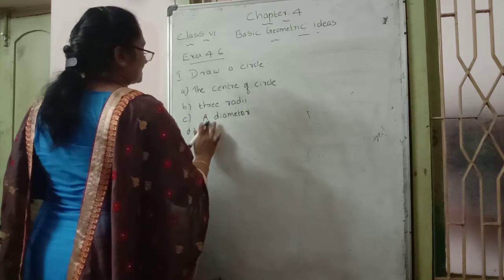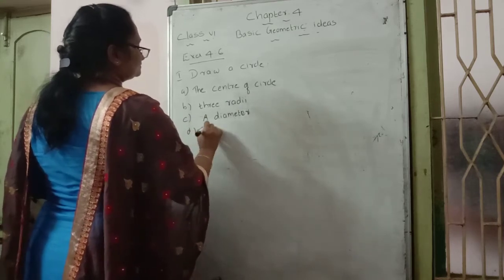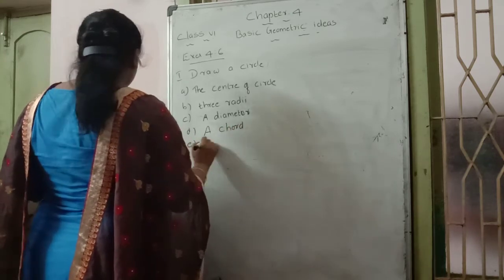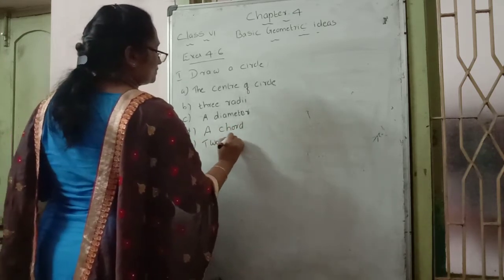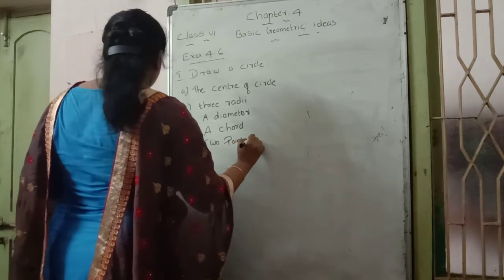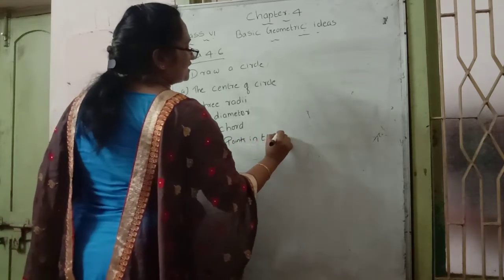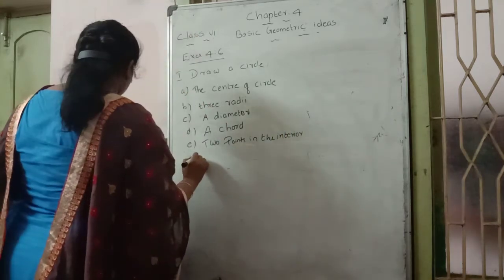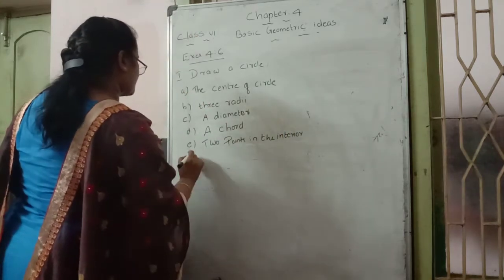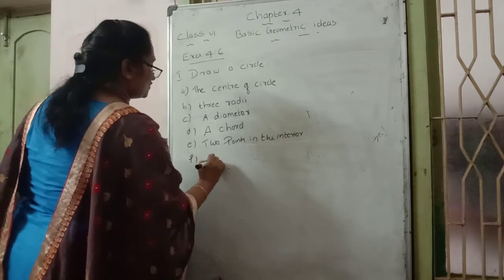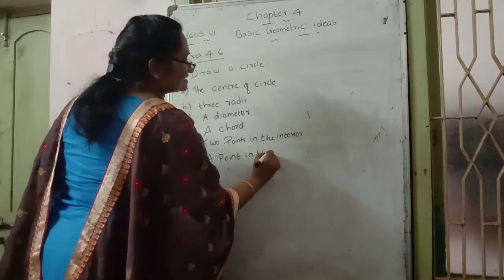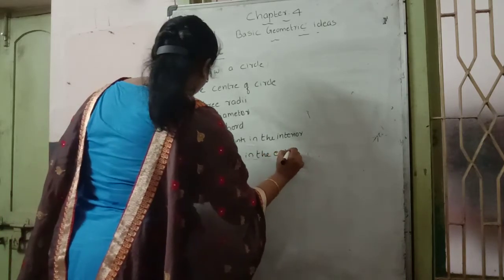Then E: two points in the interior. Mark those interior points. In the F question, they ask you to mark a point in the exterior part.